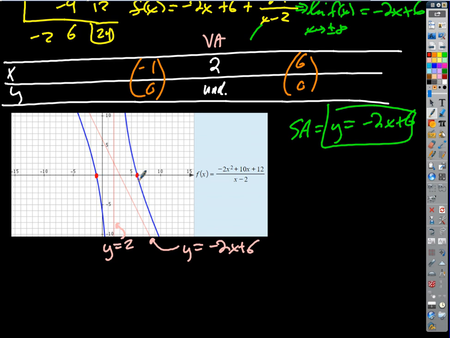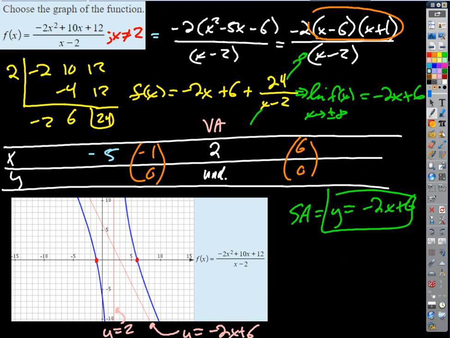All I gotta do is check a couple test points and see if the function is up or down, right? So for example, if I try -5 and plug it into my function, I'm gonna get negative times negative times negative over negative. So I get negative on the top, negative on the bottom, that's positive.